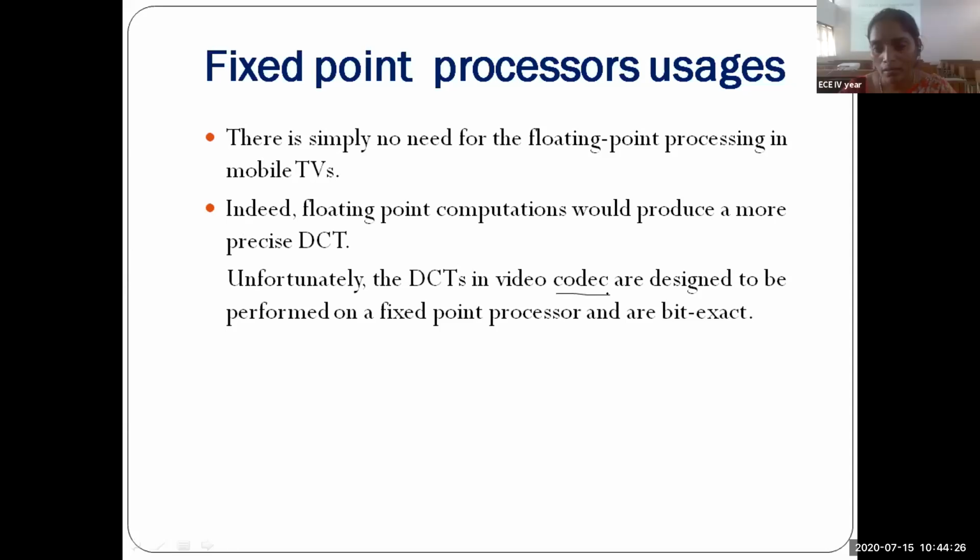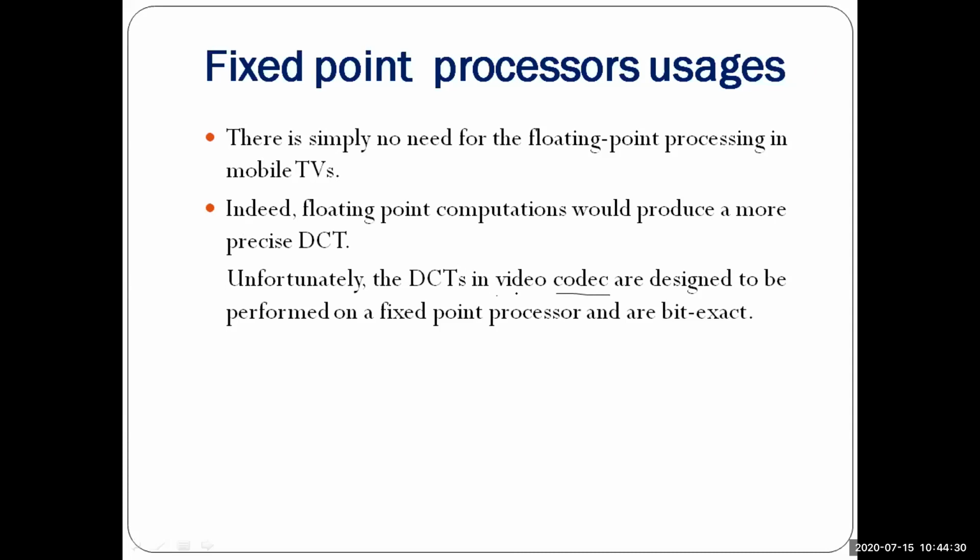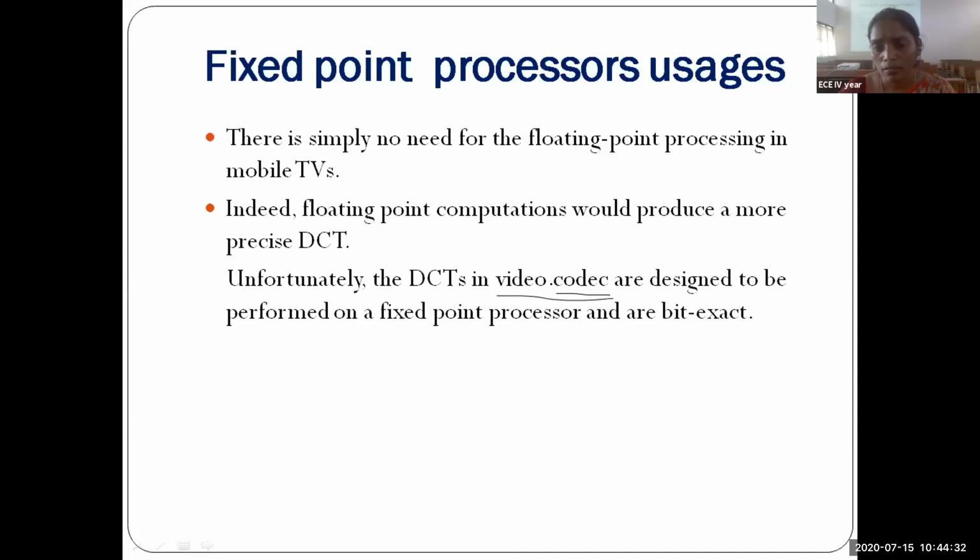Coder and encoder. So while coding and encoding video, we are using the DCT. To represent that DCT, we are using fixed point notation. Okay, and in mobile TVs also this representation is used. And remember, all DSP processors support only fixed point and floating point number formats.